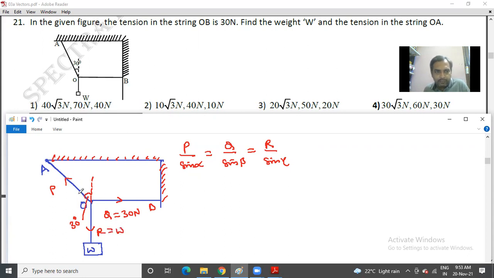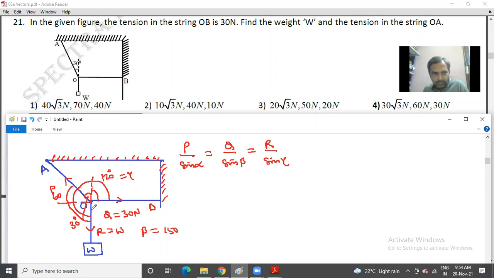Now it is important to get the angles alpha, beta and gamma. This is going to be gamma. If this is 30, this will be 90, so the total will be 30 plus 90, which is 120. So gamma is 120. Now beta is the angle between P and R. This is 90, and this 30 is already mentioned, so this will be 60. 60 plus 90, therefore beta will be 150.